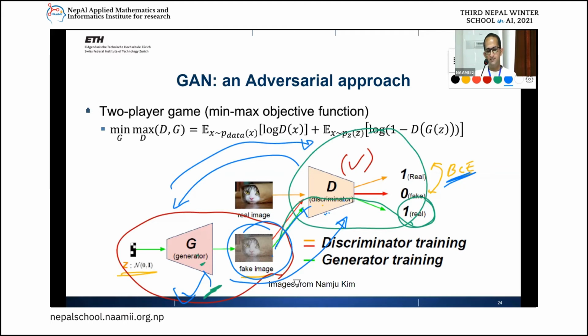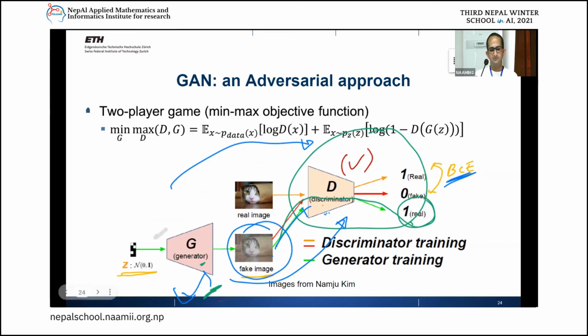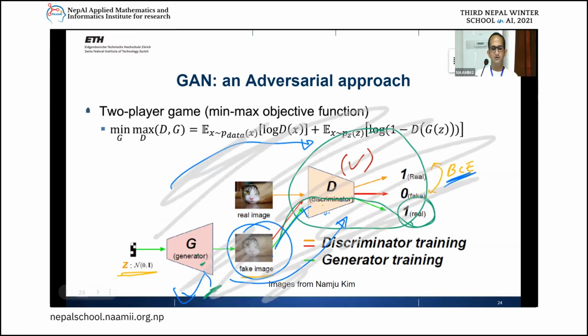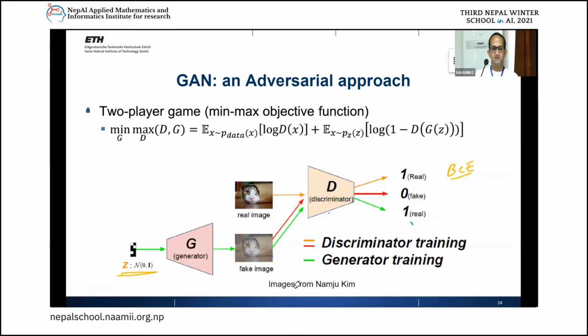So you will often see this kind of min-max between discriminator and generator. Since you will see this equation very often, and some of you might not have seen it before, I don't want you to be scared, because this equation is supposed to be simple.